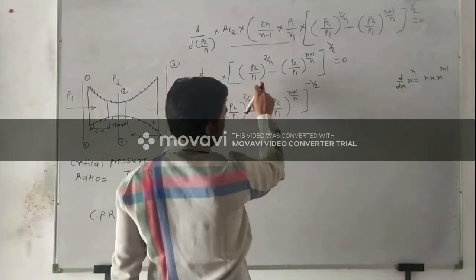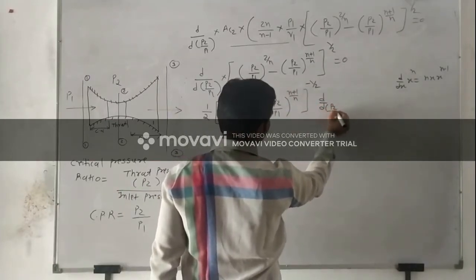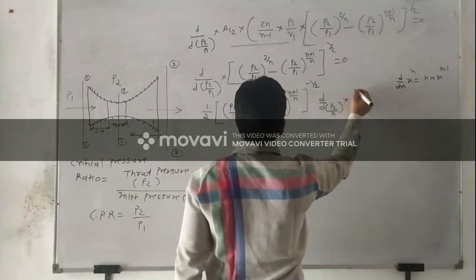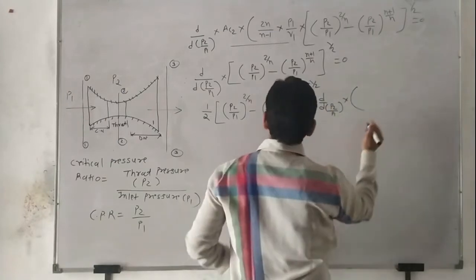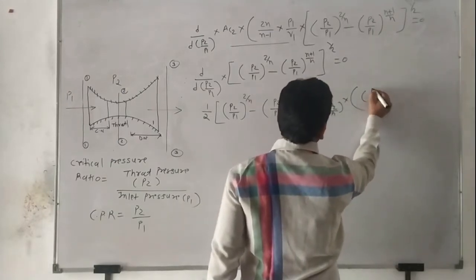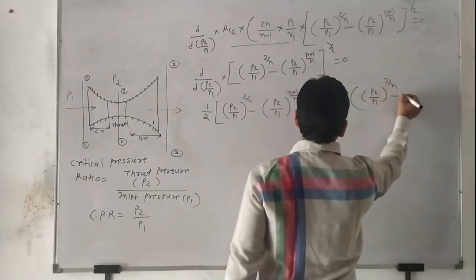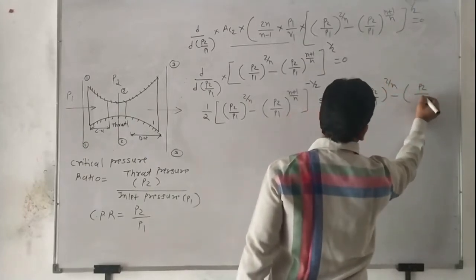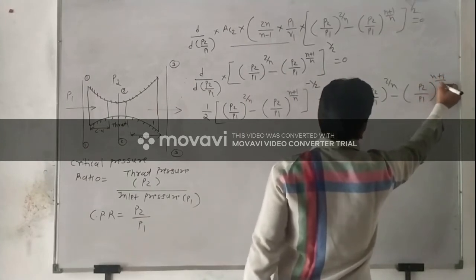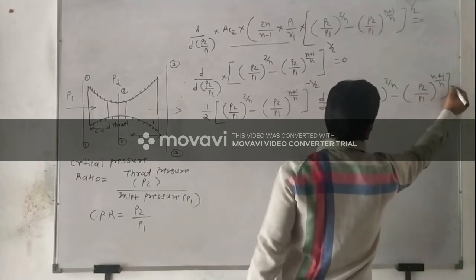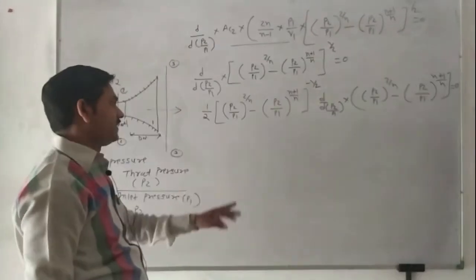This is the composite function. So once again we have to differentiate d by d(P2 upon P1) of this one, boys. So (P2 upon P1) to the power 2 by n minus (P2 upon P1) to the power n plus 1 upon n, bracket complete, equal to 0. Right? Yes, correct.